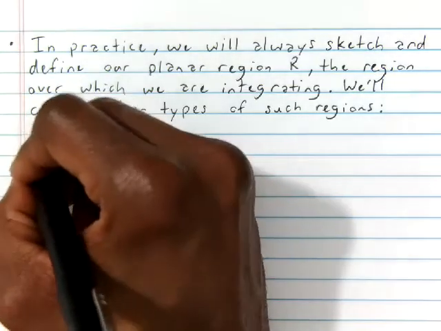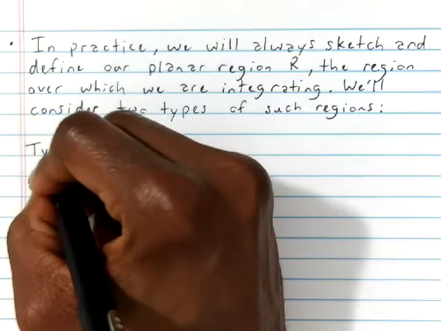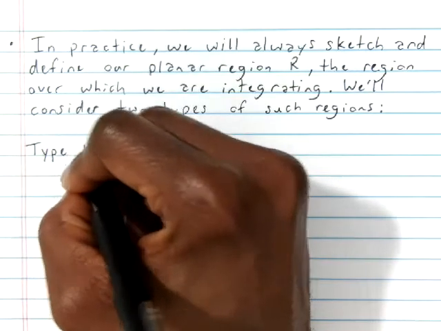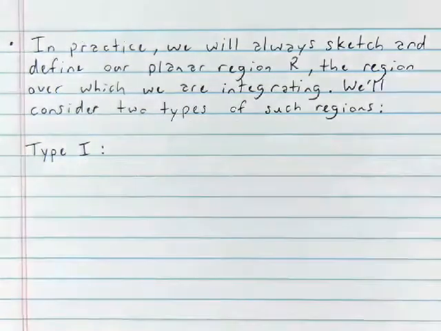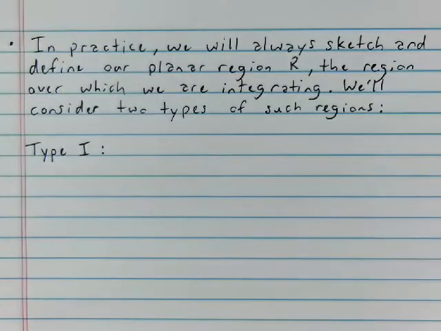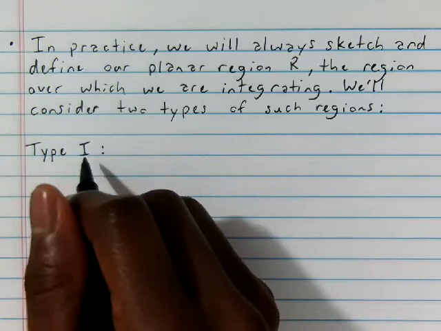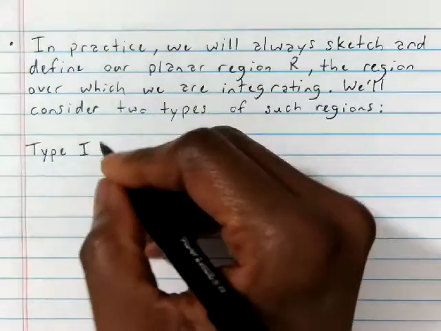First is type Roman numeral 1. And make sure you use Roman numerals because we're going to use Arabic numerals to label our regions when we get to triple integrals later. So we'll need to differentiate between the Roman numeral 1 and the Arabic numeral 1.